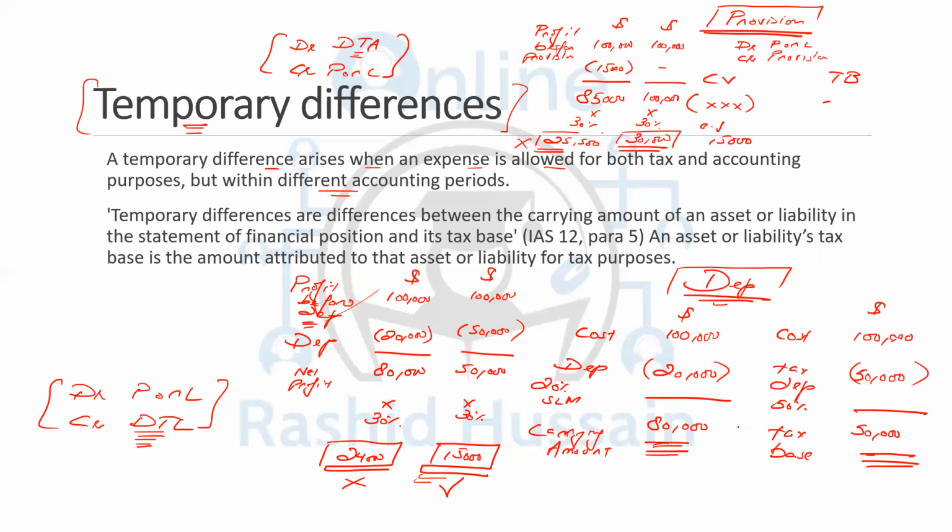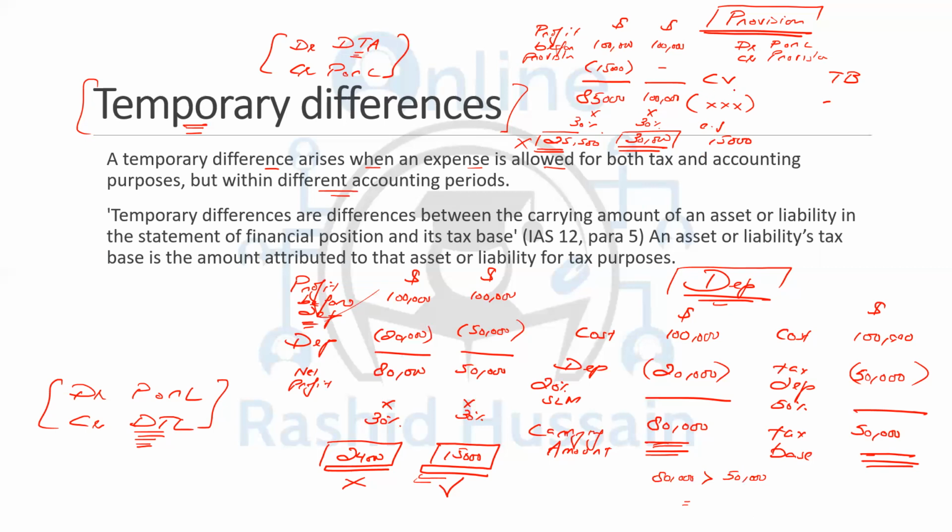When the carrying value is more than the tax base, this will give rise to the taxable temporary difference. And when you multiply it by the tax rate, you get the deferred tax liability.